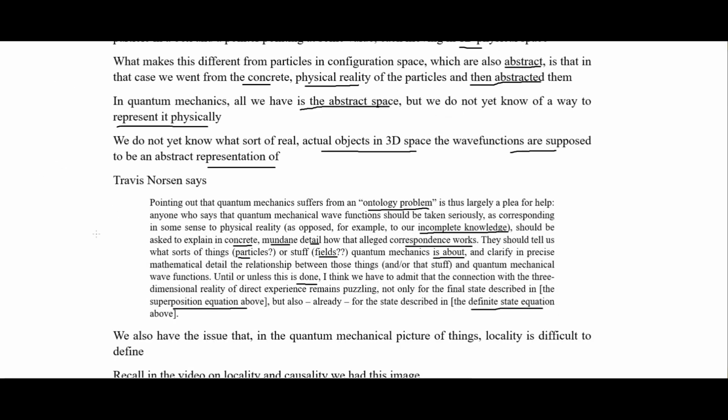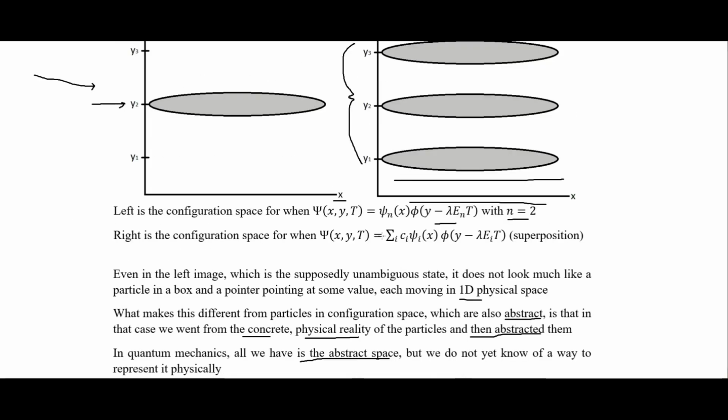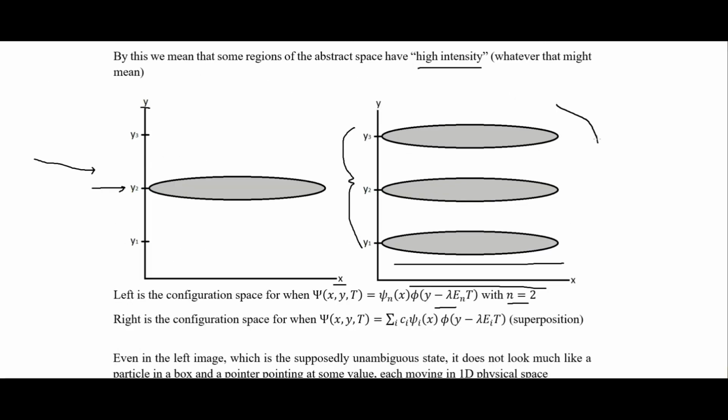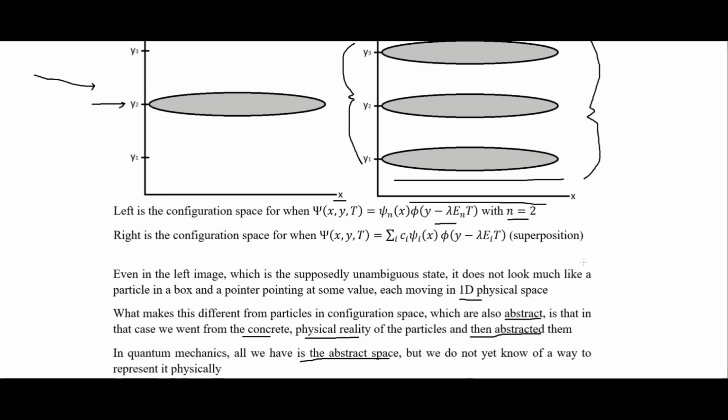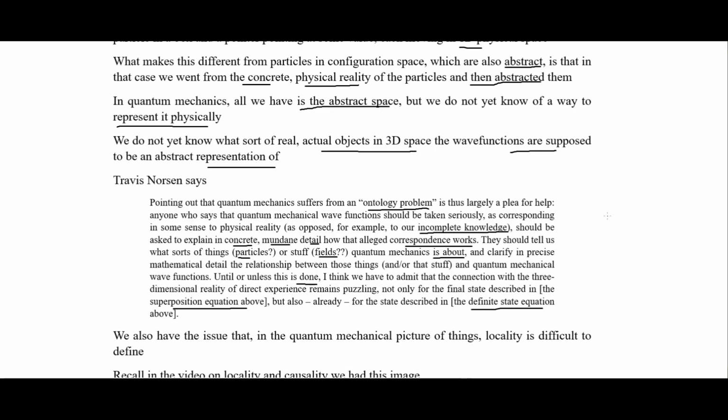And so essentially he's saying that this sort of ontology problem doesn't just apply to the weird superposition and entangled states where we can have these sort of multiple states at the same time here, but it also applies to even what look like unambiguous states as well.